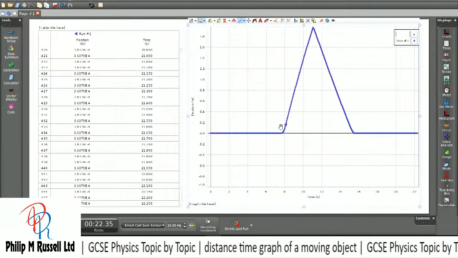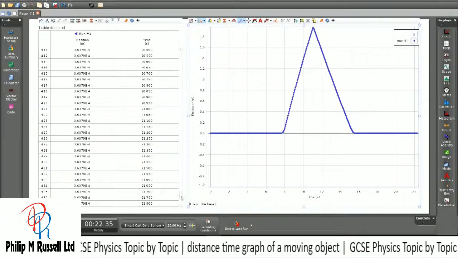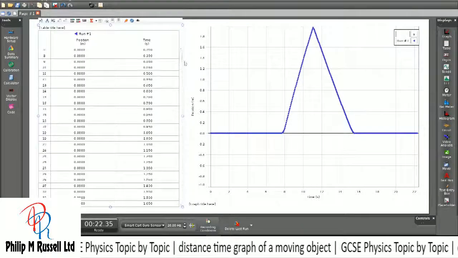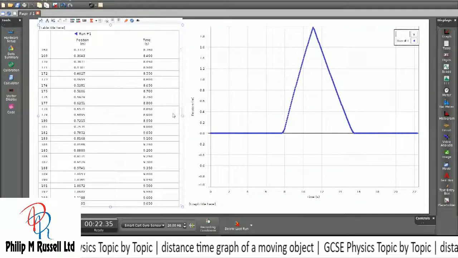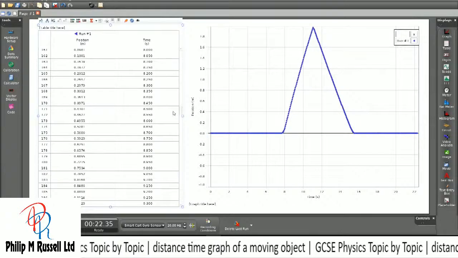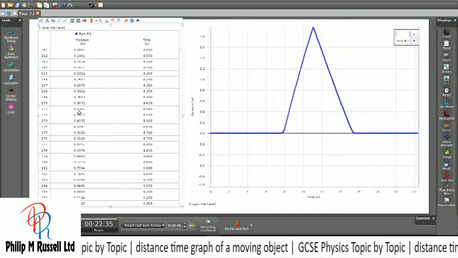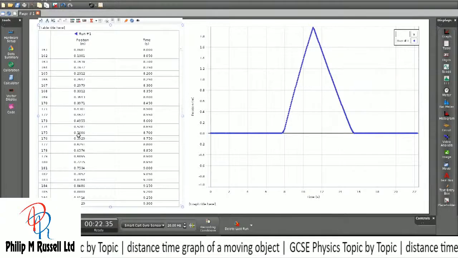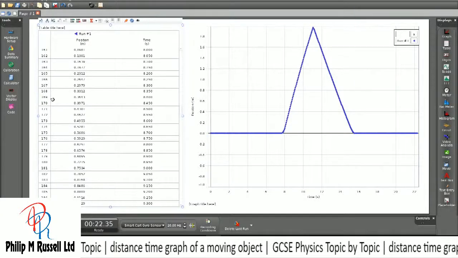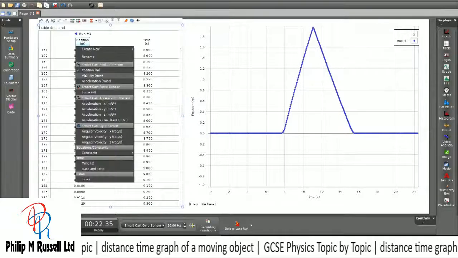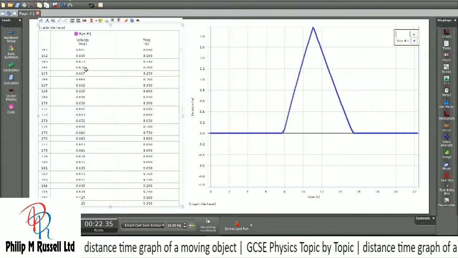It is slowing down very slightly, and we can see that by looking at the data that it wasn't moving, and then it is moving, and we've got here position moving away.